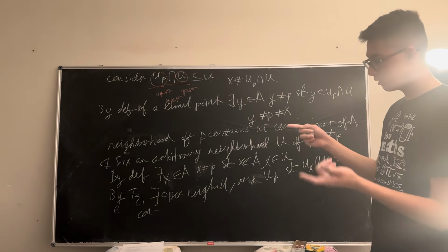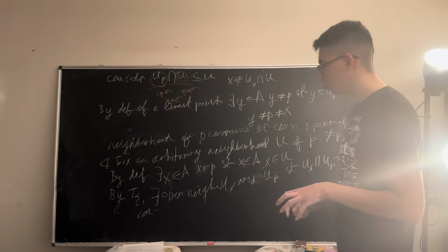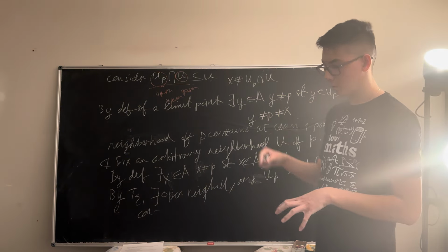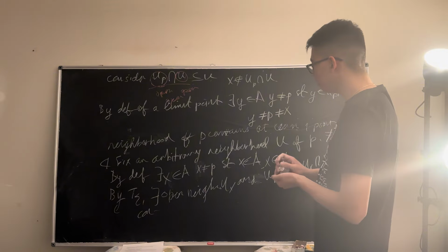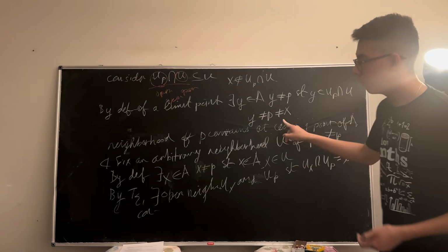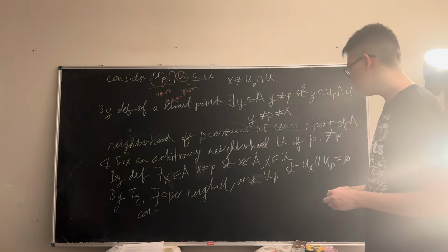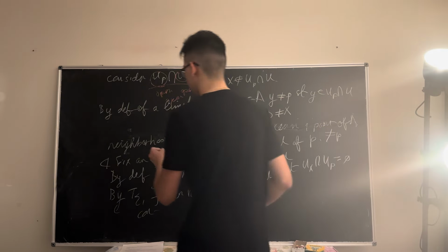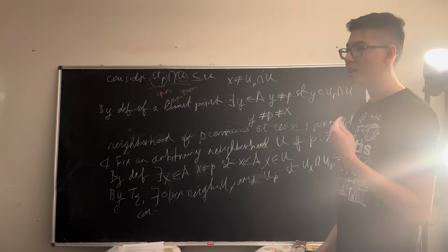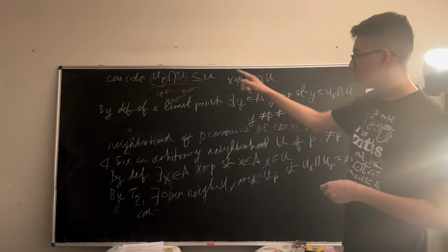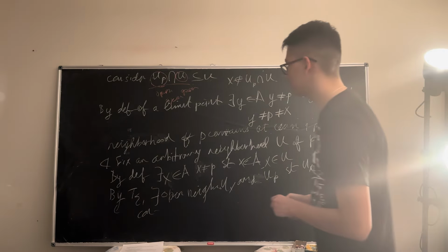By Hausdorff, we consider the two disjoint open neighborhoods around these two points, and we consider the intersection of that with the bigger one, which is contained in there. Then we use this to generate another point in A that is contained in U. And we can keep going as long as we want, which shows that U contains infinitely many points of A. Since U is arbitrary, this works for every open neighborhood around P.